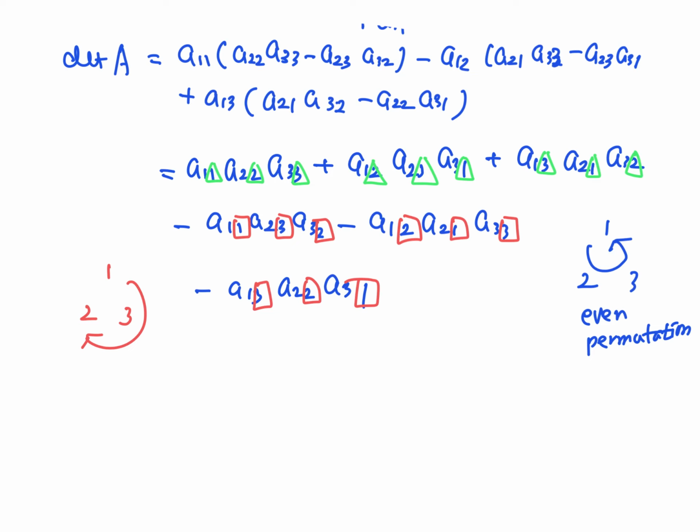First one, 1, 3, 2, right? 2, 1, 3. 3, 2, 1. So this is called odd permutation.